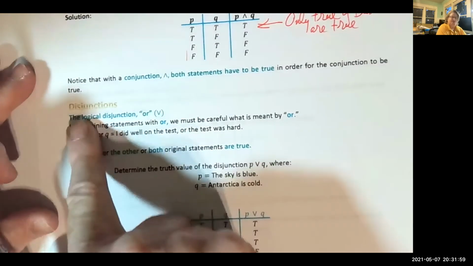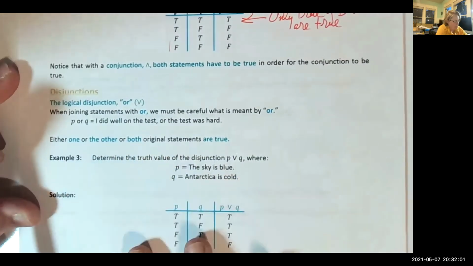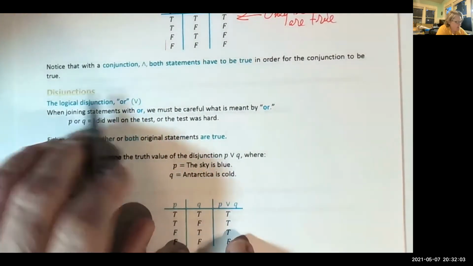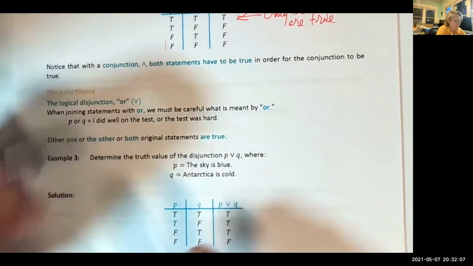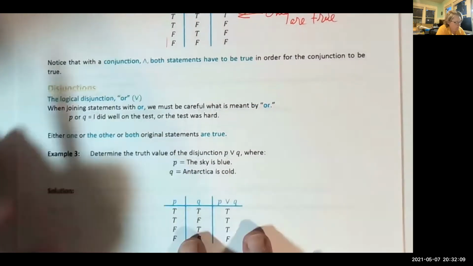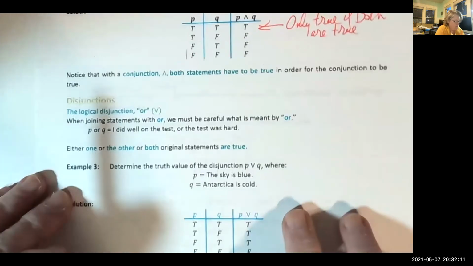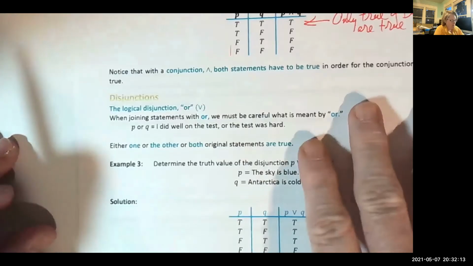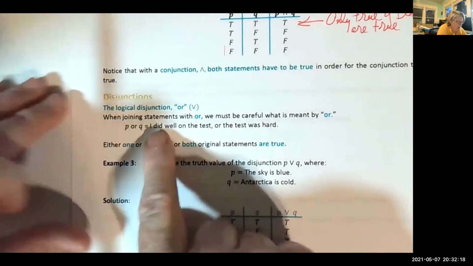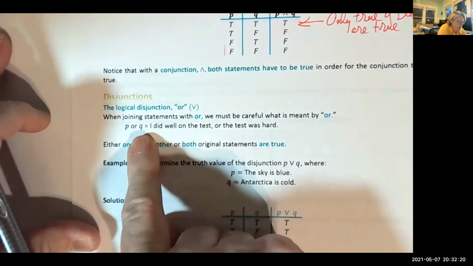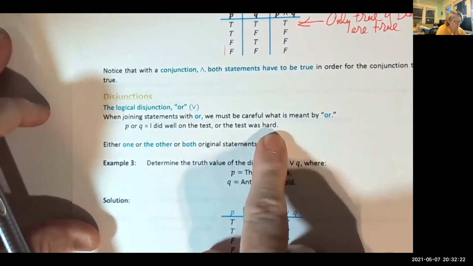This is disjunctions. Disjunction is the or, and it's the right side up tent, well, the flipped tent. It looks like a V. So let's let P be, I did well on the test, and Q be, the test was hard.